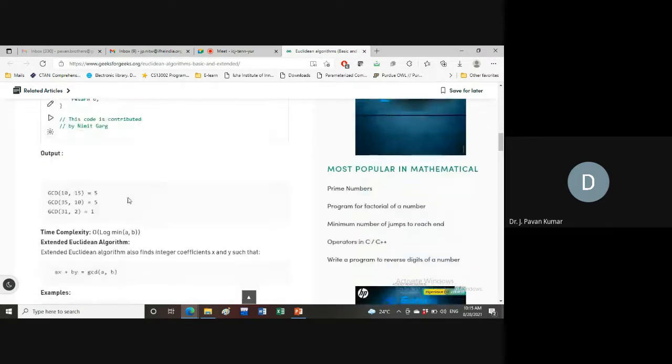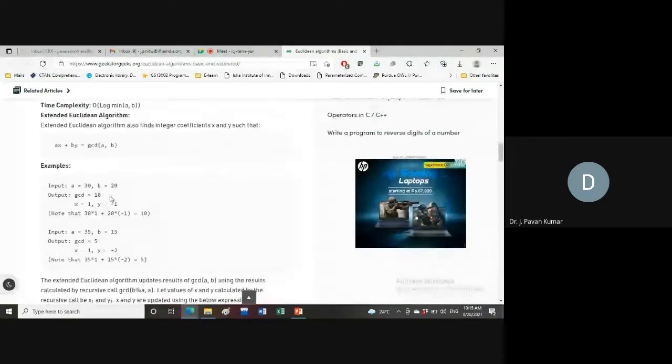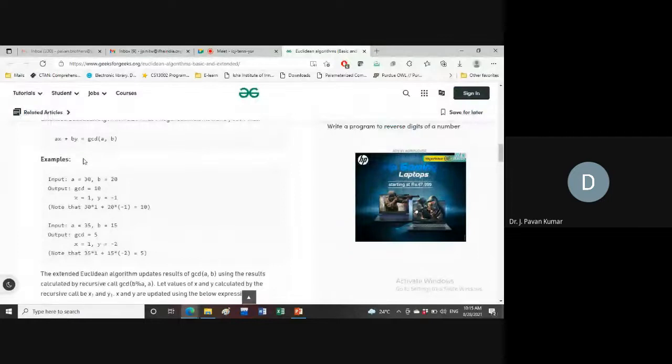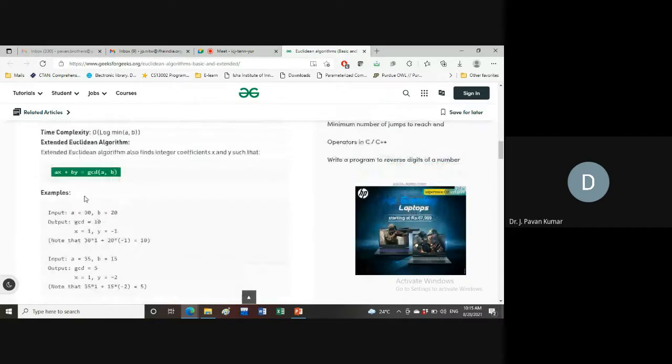For that we need some observation. You consider these examples, then you can understand. If you understand this, then only we can proceed further. Try to concentrate here. Ax plus by is equal to GCD of a comma b.